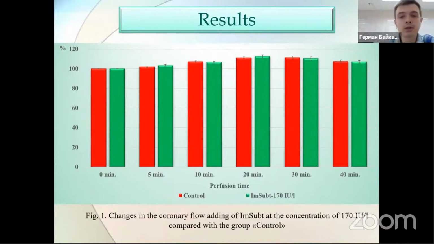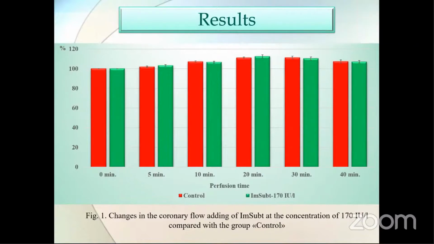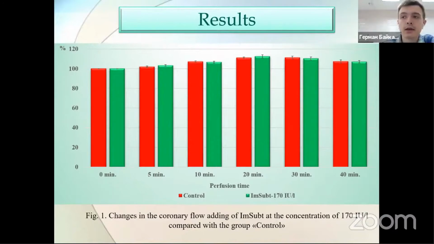Then there was a smooth decrease to 7% of the baseline. In experimental group 1, there were no significant differences from the control group, but there was a great increase of the coronary flow at 20 minutes of perfusion.